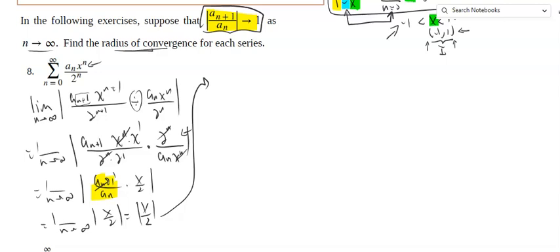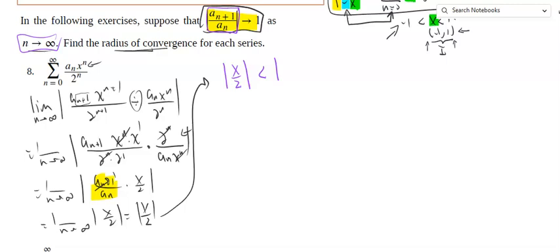Since I'm using the ratio test, anytime I use the limit as n approaches infinity of a sub n plus 1 divided by a sub n, I'm using the ratio. I could also use the root test if it benefits me, but mainly the ratio. Then what I'm going to do, I'm going to take this quantity that I got and set it to be less than 1, because that's what the series restricts.